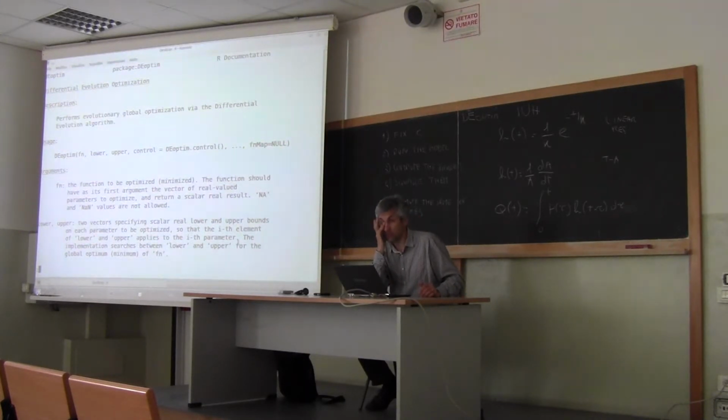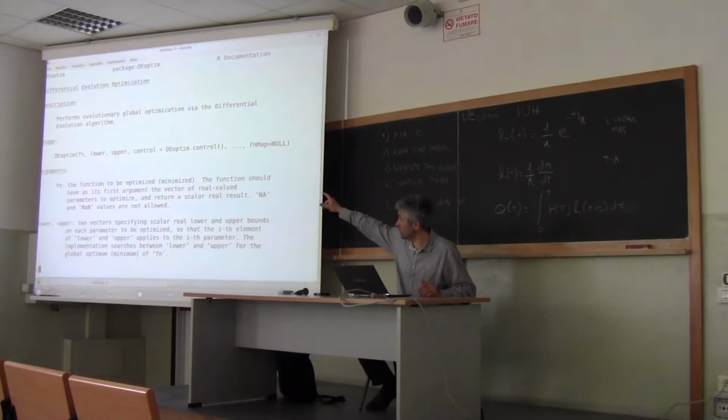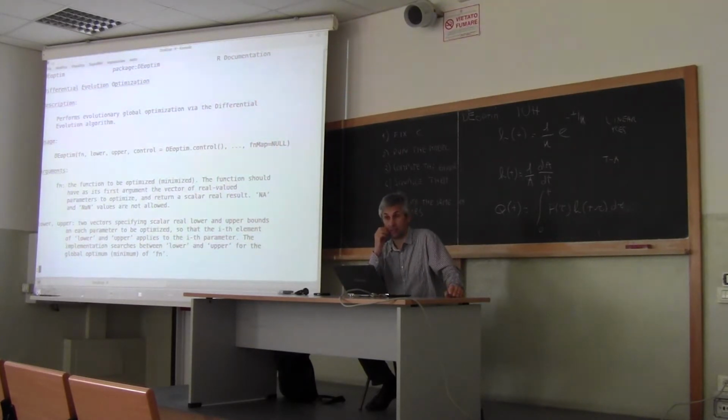It's easy for us to specify lower and upper, because they are 0 and 1, but we still have to understand how to write this function. The function that needs to be optimized should have as its first argument the vector of the real valued parameters to optimize.